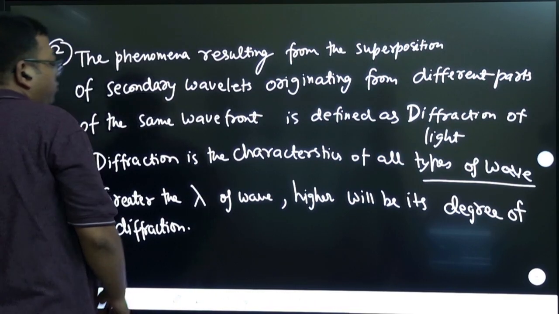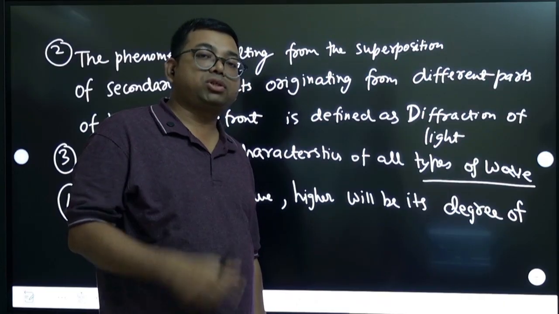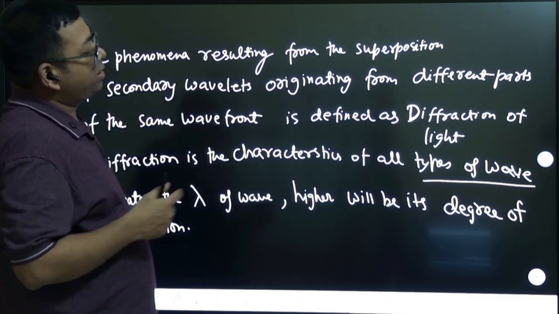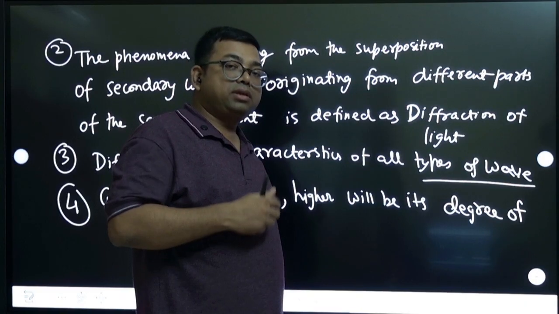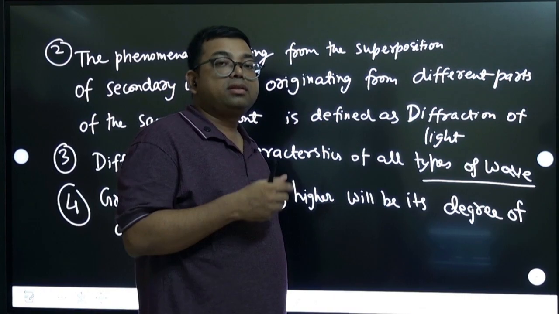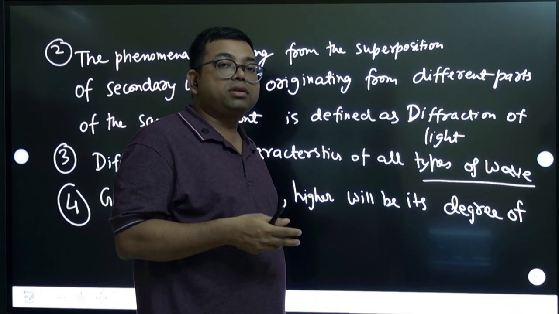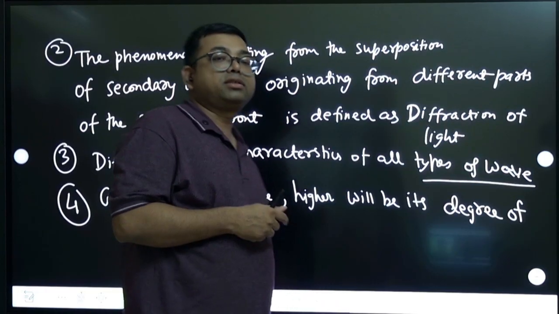So that means if wavelengths are more, then it will have more chances of having diffraction. Why? It is because if the wavefront is large and the wavelength is more, then more secondary wavelets will be emitting the waves, which will cause the superposition. That's the reason.